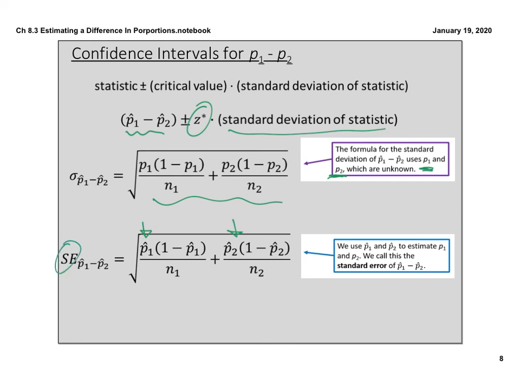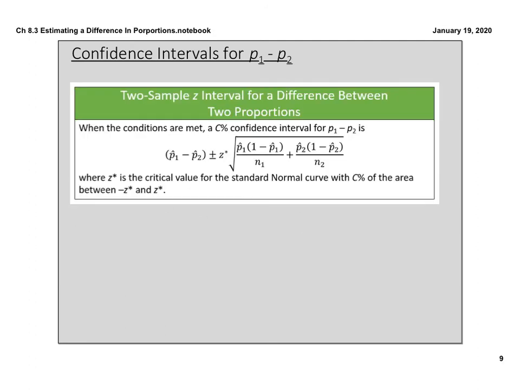That's why they call that SE, the standard error, because we don't know the true standard deviation. But we can estimate the standard error once we've proved all the conditions, so we know that we can use normal calculations.